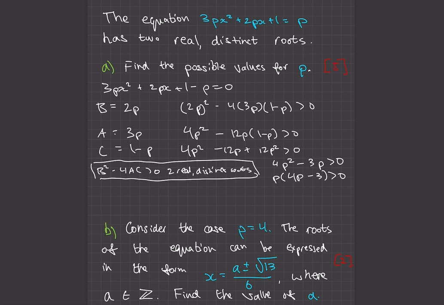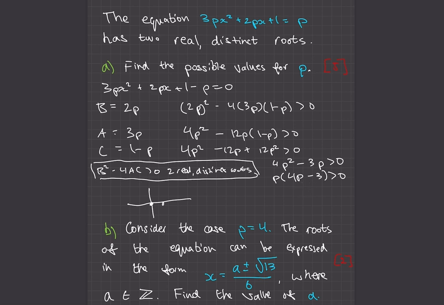That's one way of thinking about it, but there's actually a simpler way. If we think of this as a quadratic in p, it's a positive quadratic, 4p squared minus 3p, and it has roots at 0, because when p is equal to 0 this is 0, and at 3 over 4, because then this is 0.